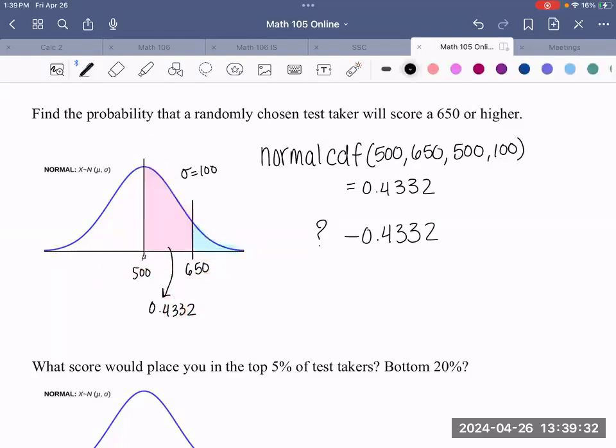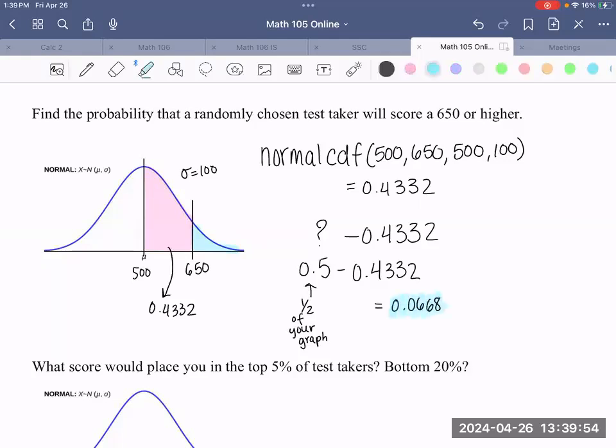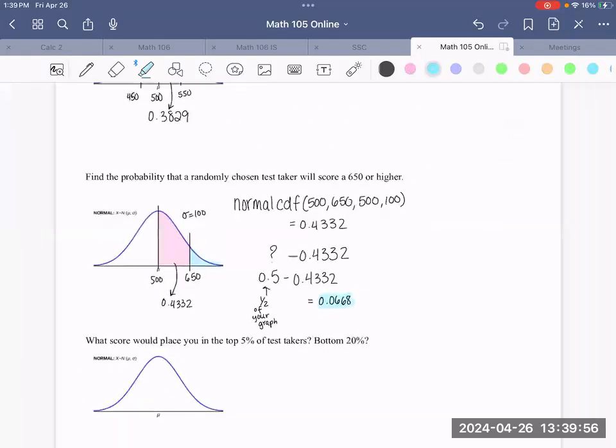So in that case, we would subtract 50 from your answer, 50 being half of your graph. That would give us 0.0668. So that would be our blue portion that we're looking for.